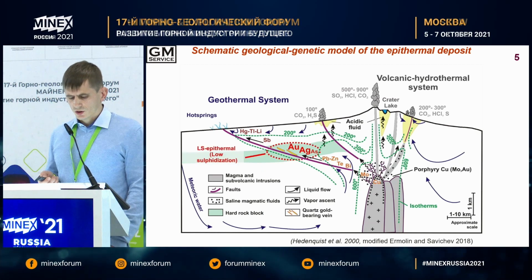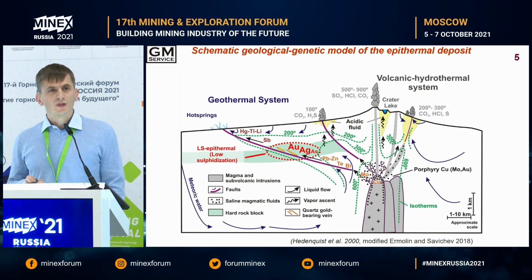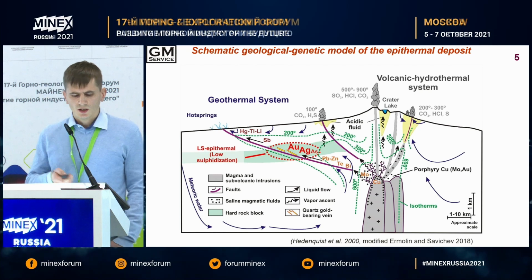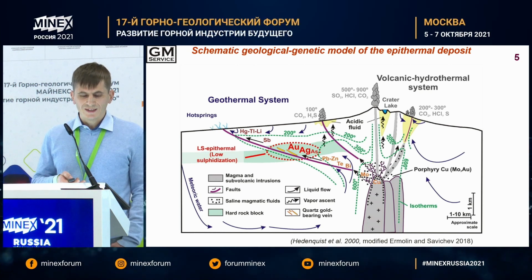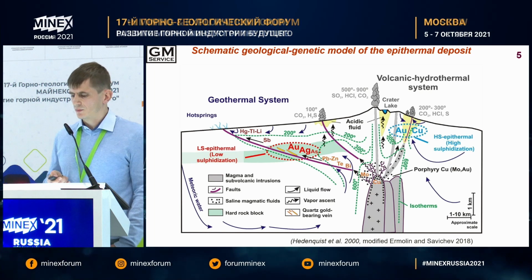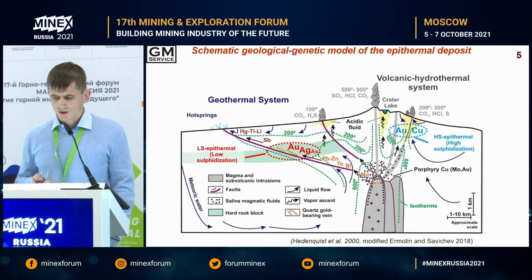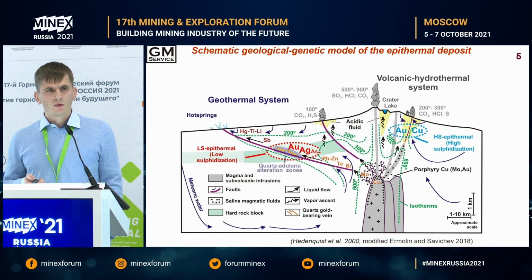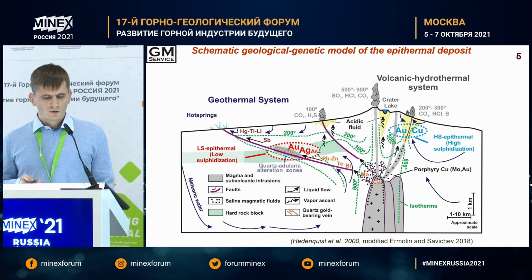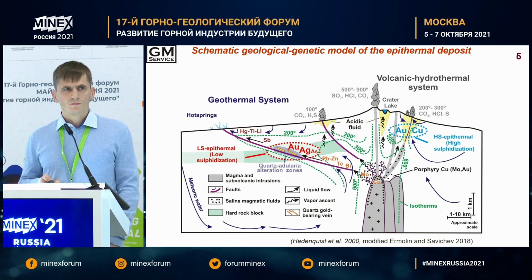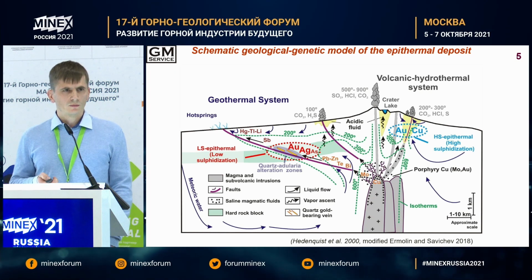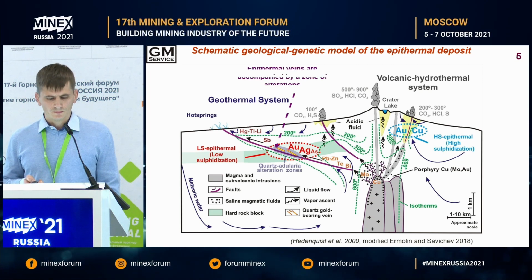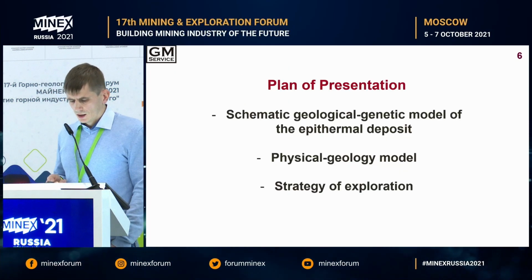So in this block, the richest veins form. There are 2 types of deposits: LS, with low sulfidization, and high sulfidization. In my presentation, I will speak about low sulfidation ores, and they are richer in terms of the grade.